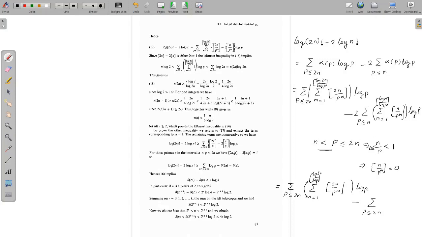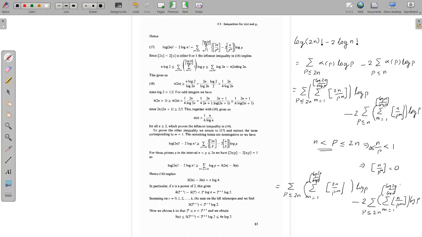We replace this limit by 2 times p less than or equal to 2n. We write this summation as m equal to 1 up to the point log 2n by log p, integral part of n by p raised to m, times log p.